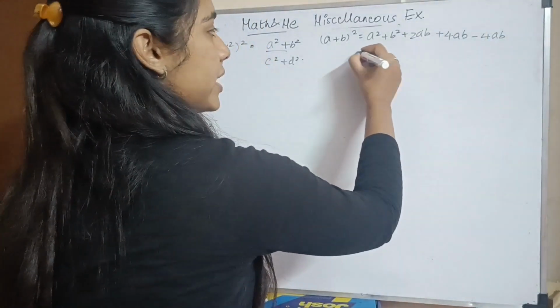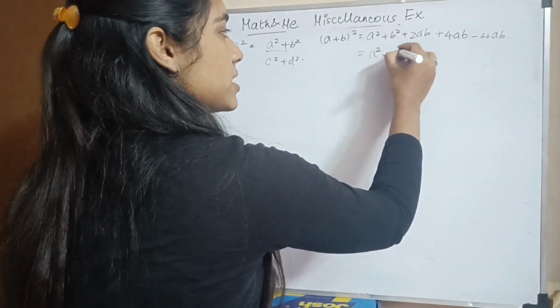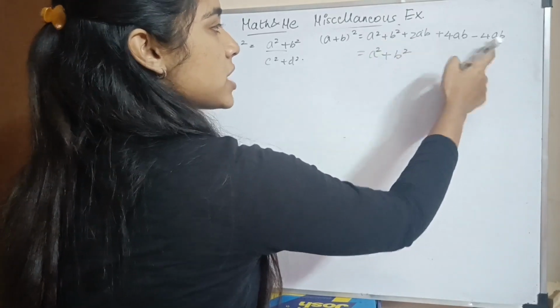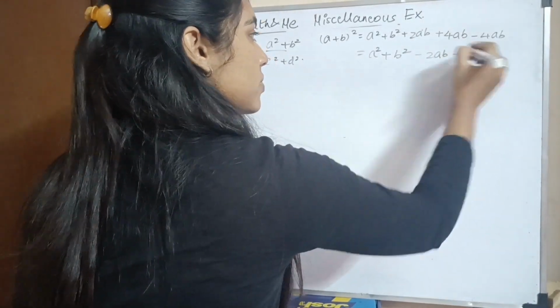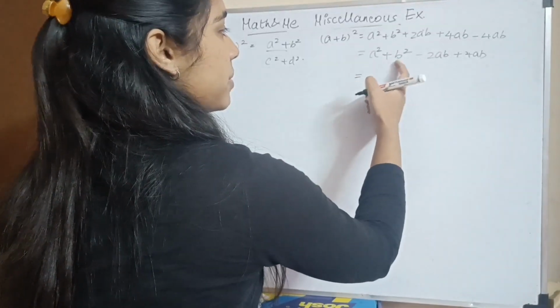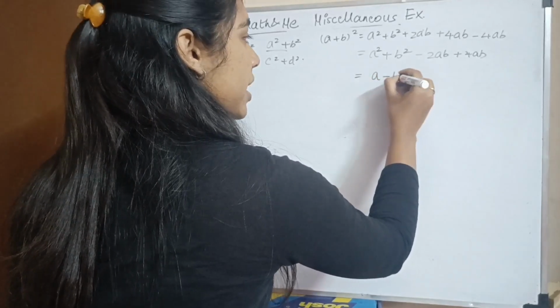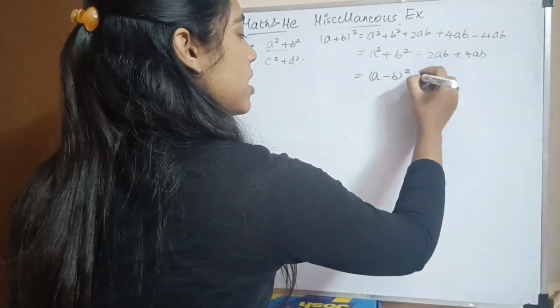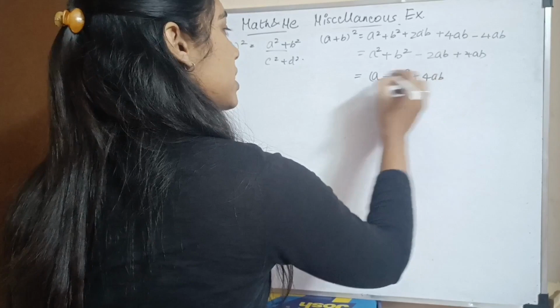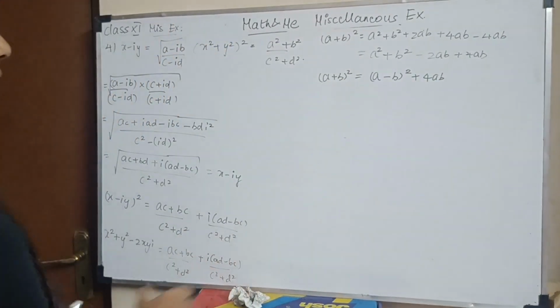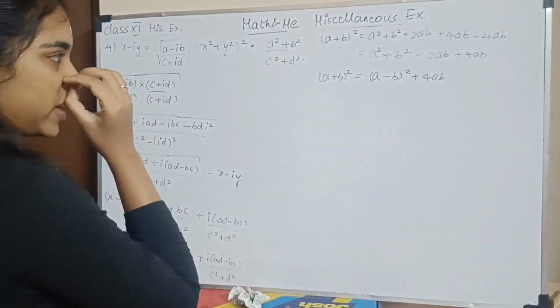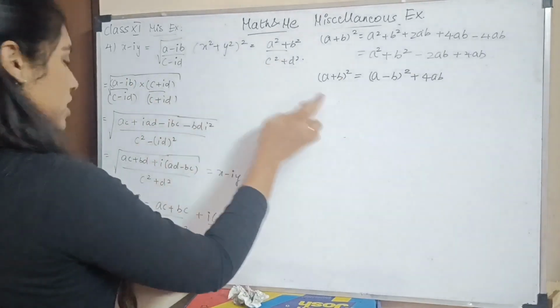So what do I have? a square plus b square, 2ab minus 4ab is minus 2ab, plus 4ab. So I have a square plus b square minus 2ab, which is (a minus b) the whole square plus 4ab. So remember this relation: (a plus b) the whole square is (a minus b) the whole square plus 4ab.